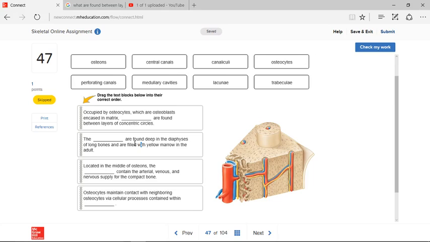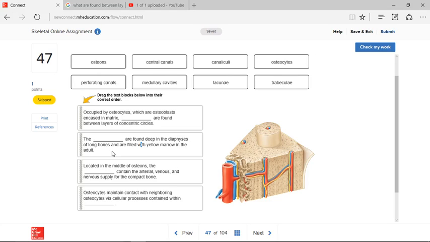There we go. The blank are found deep in the diaphysis of long bones. Deep in the diaphysis. We might just have to read this because we got a good question. We're going to have to read what the diaphysis is.